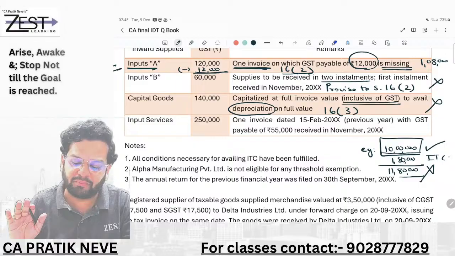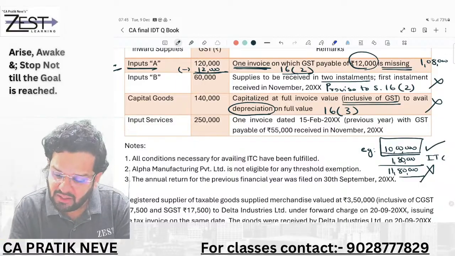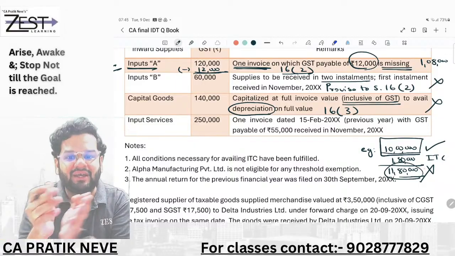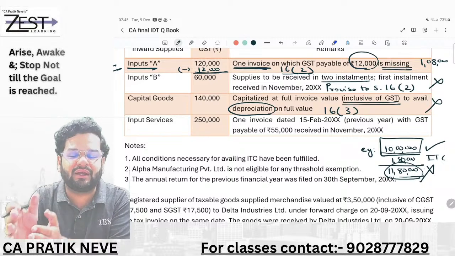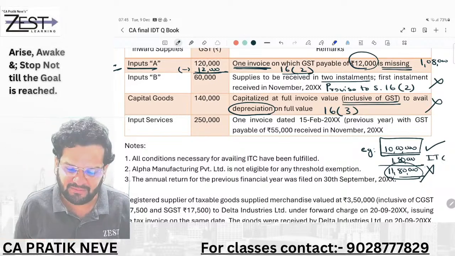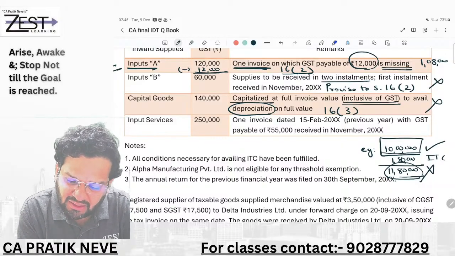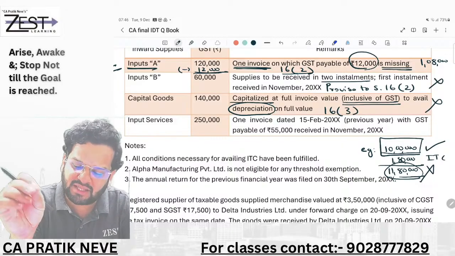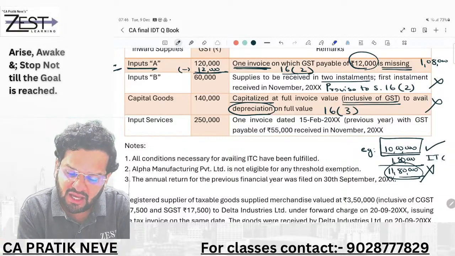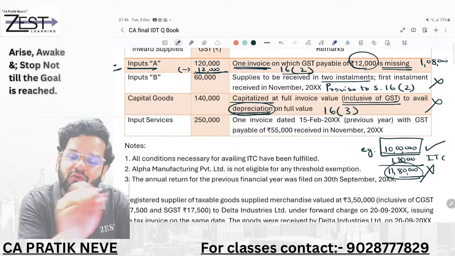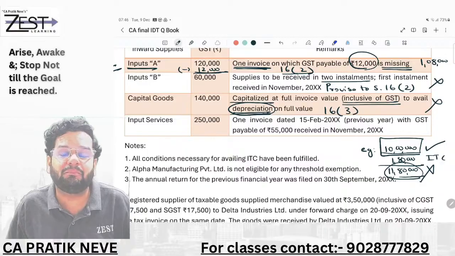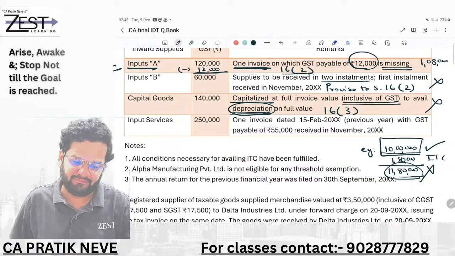But if you claim depreciation on 1180, then you can't take ITC of 180. And that's exactly what has happened in this case. You have capitalized this capital goods at full value including GST and you have taken depreciation on the full value. Hence, you are not being allowed ITC.